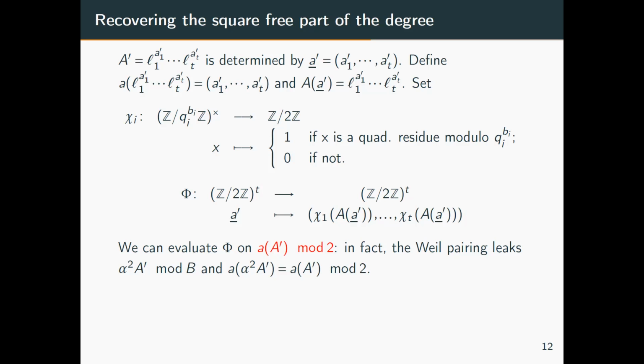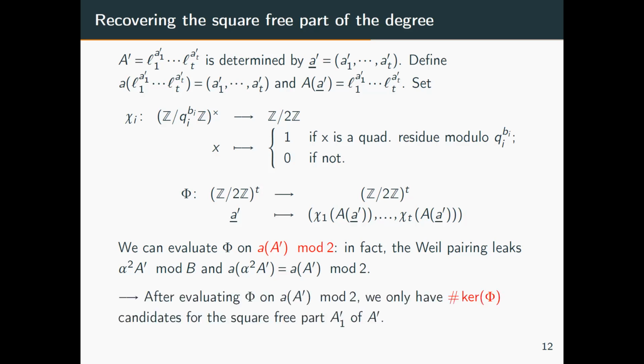So why can you evaluate this on the degree? Because in fact, with the pairing you have alpha square A prime, but everything which is square is in the kernel of this map.